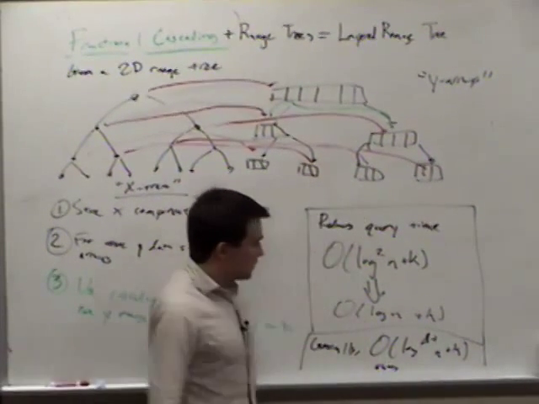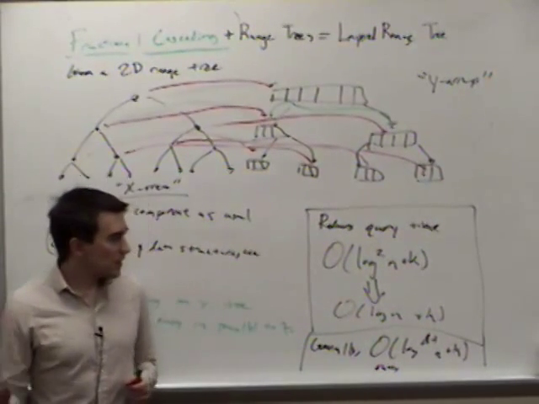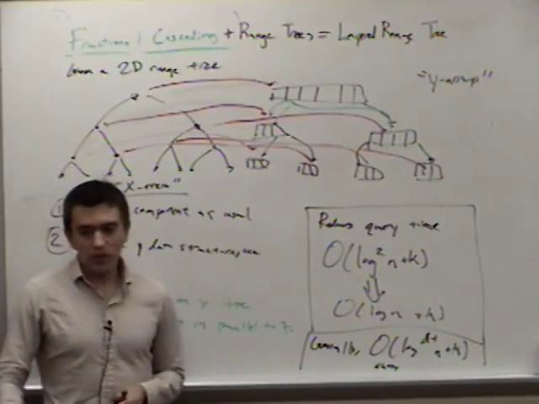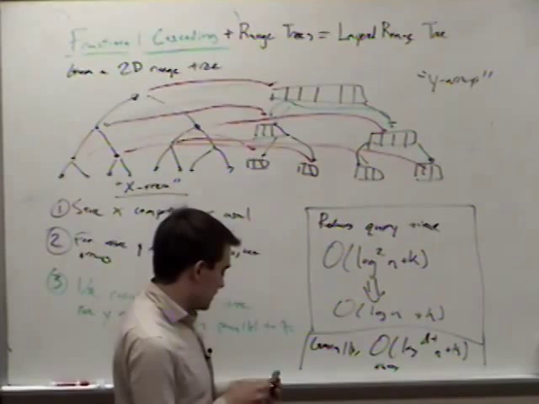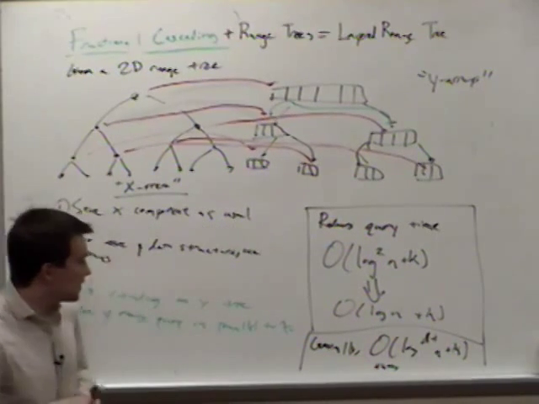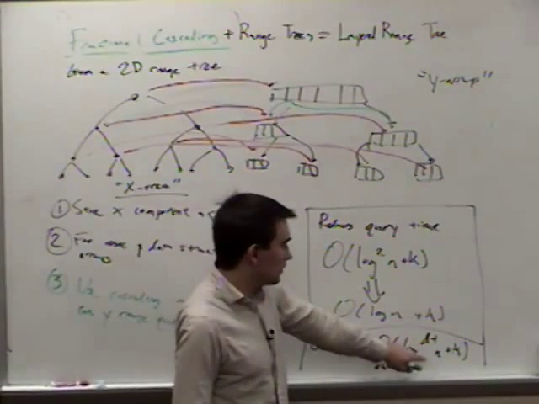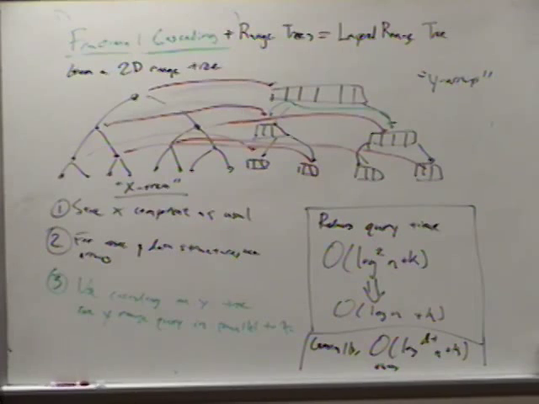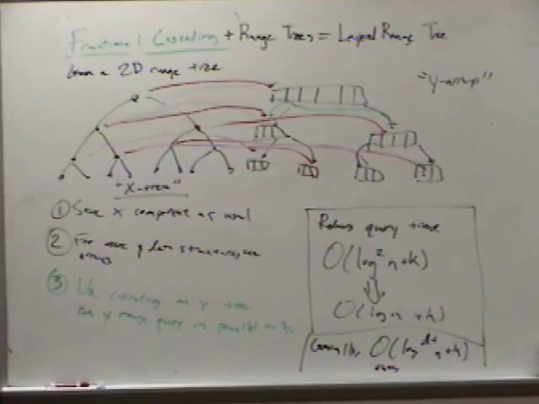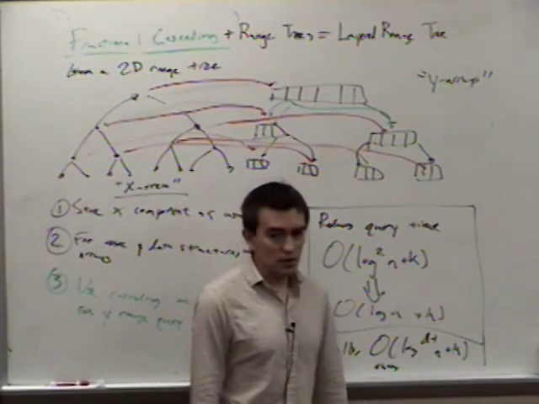You can reduce this further to log^(d-2) for 3D, which is a very, very complicated technique. We're not going to cover it in this class because it's really insane. I would probably spend a whole lecture just talking about how to shave another log factor off of this exponent in 3D. And even then it's still not totally practical because you have a very large space complexity associated with it. But theoretically, it's possible to get to log^(d-2) in general.